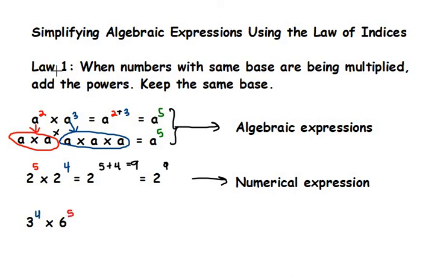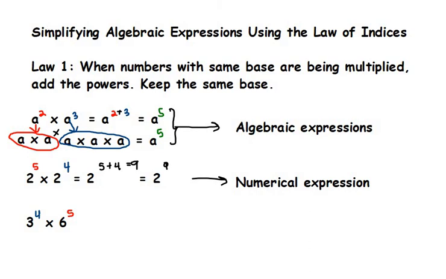You won't be able to use the law of indices to simplify this expression. There is no way for us to keep the same base because the bases are not the same in the first place. And you would not add the powers either.